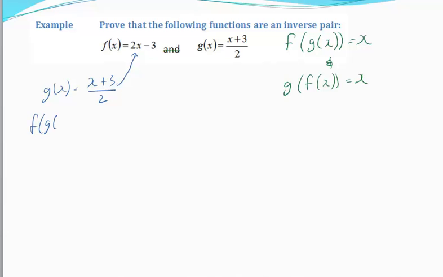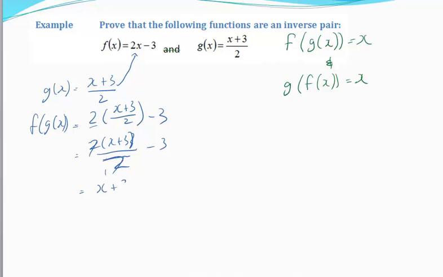So f of g of x is 2 times x plus 3 divided by 2, minus 3. If we expand this out, we've got 2 times x plus 3 on 2, so our 2's will cancel, minus 3. So we have x plus 3 minus 3, which is equal to x.